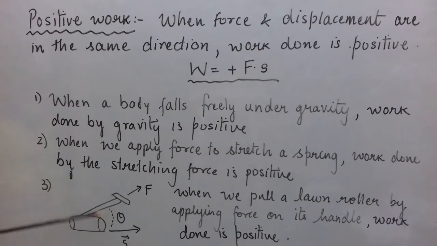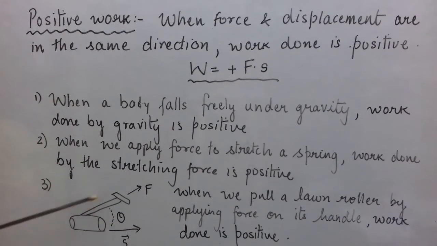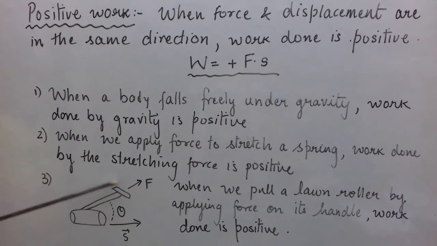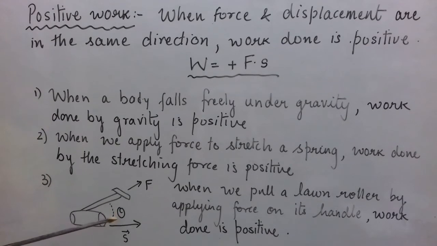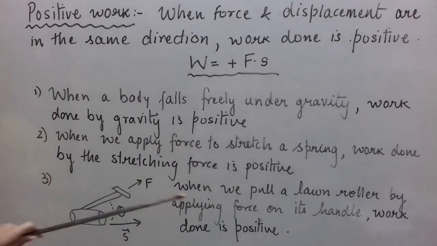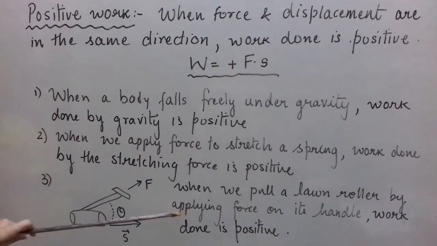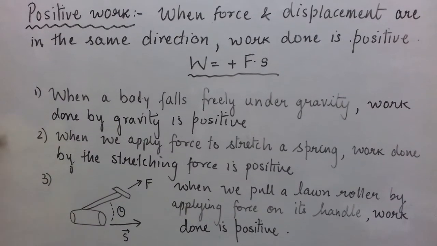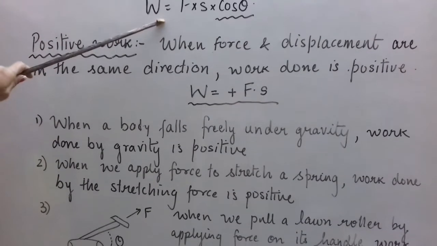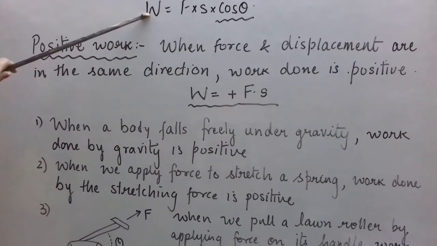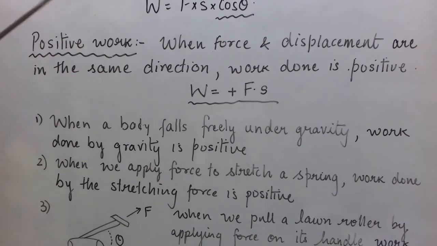So when we pull the lawn roller, the force applied and the displacement produced, the angle between them is acute. And we know that whenever this angle is acute, work done is said to be positive. So when we pull a lawn roller by applying force on its handle, work done is positive. This is based on the fact that cos theta is positive for all acute theta.